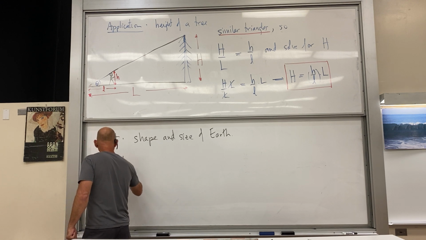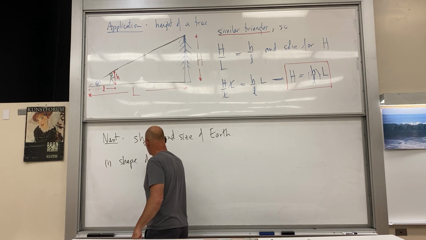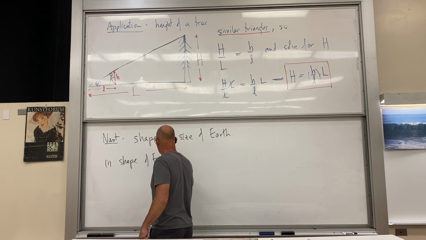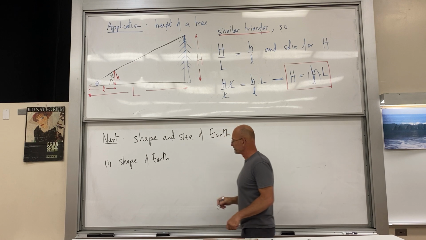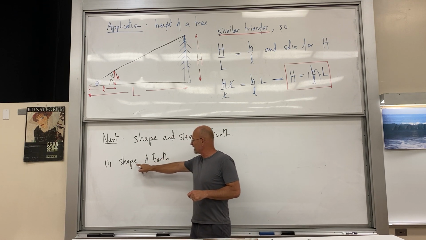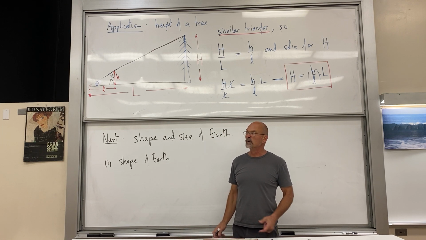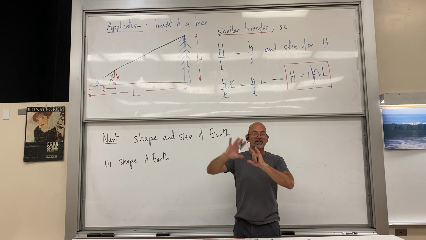First, we're going to discuss the knowledge of the shape of Earth. How do we figure that out? In fact, to talk about the shape of the Earth as an object, we have to even know that the Earth is a heavenly body. If we look up at the sun and the moon, they're clearly spherical.